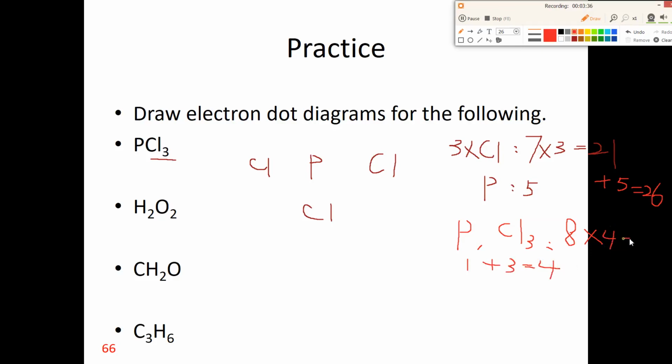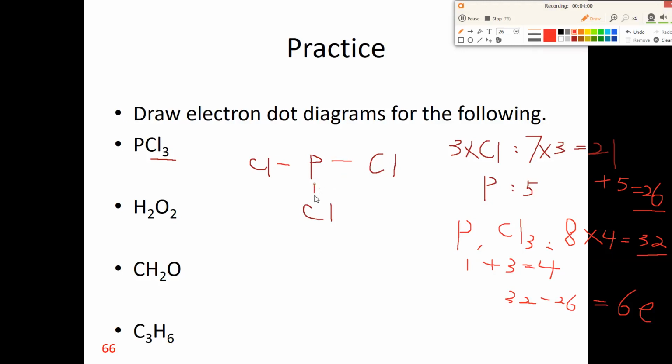So 4 multiplied by 8 is 32. This is the second method we talk about. We have 26 electrons, but we need 32. So the difference is 32 minus 26, which is 6. So we need to have 6 electrons shared between phosphorus and chlorine.